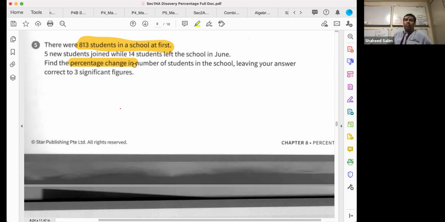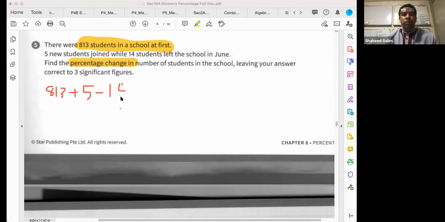Come on, boys and girls. Come on. What's the difference now? 5 students join. Means you plus 5, right? And then 14 left. So let us do it part by part. 5 join, so you plus 5. But 14 persons left, so you must minus 14. So altogether, how many percents?